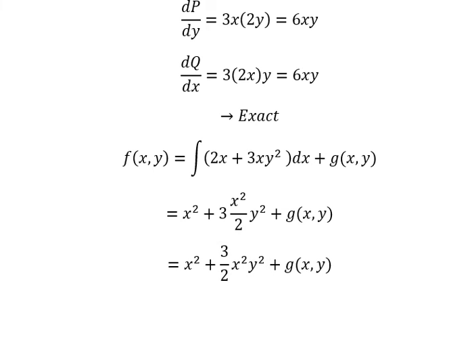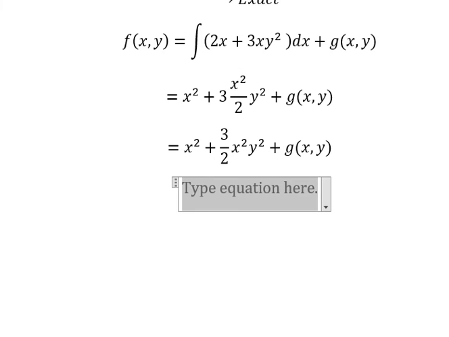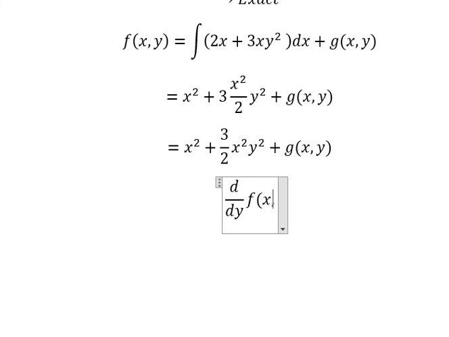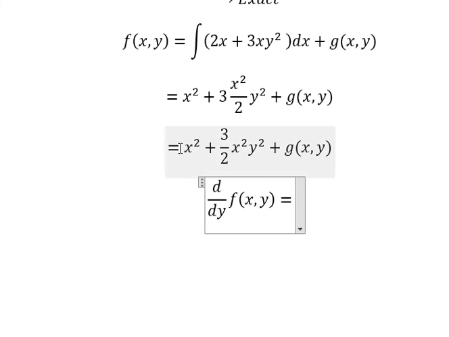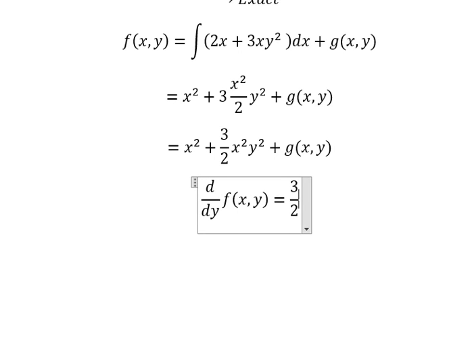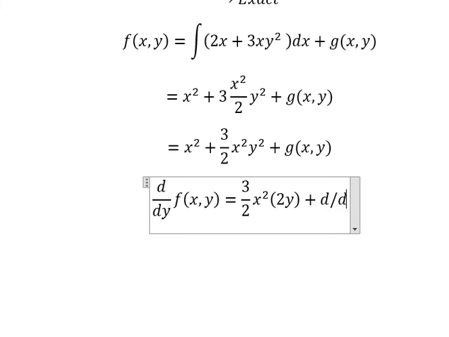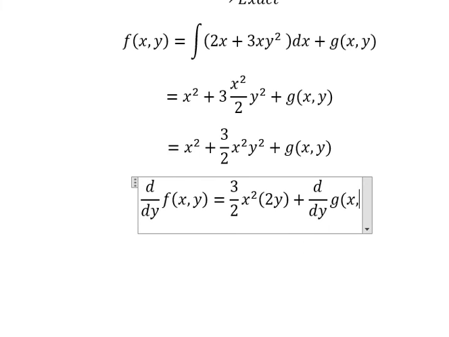Next, we need to do first the derivative of f with respect to y. This one we have number 0 because we don't have y. This one we have 2y plus d over dy 3xy.